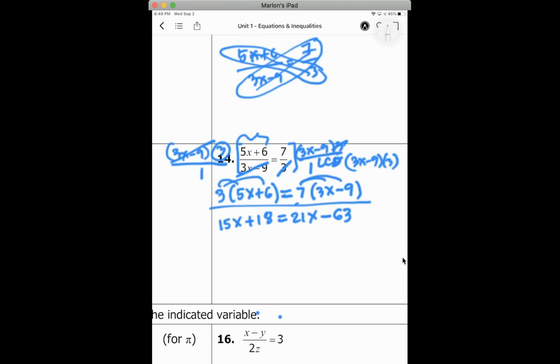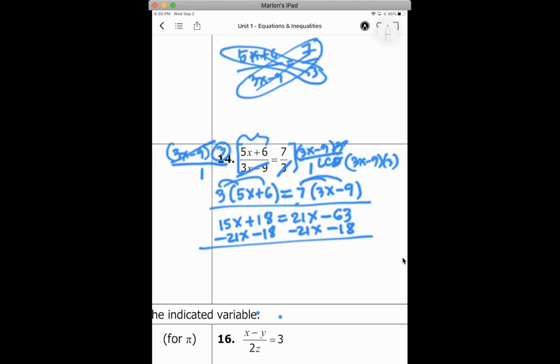I want to keep the 15x on the left side. So minus 21x on both sides. And of course, I want to take off the 18 because I want the x on the left. So minus 18, minus 18.